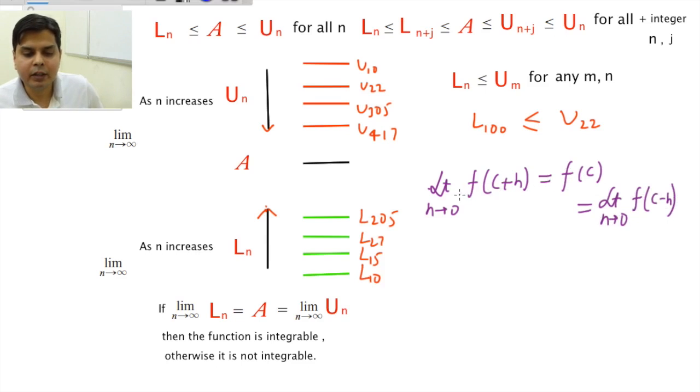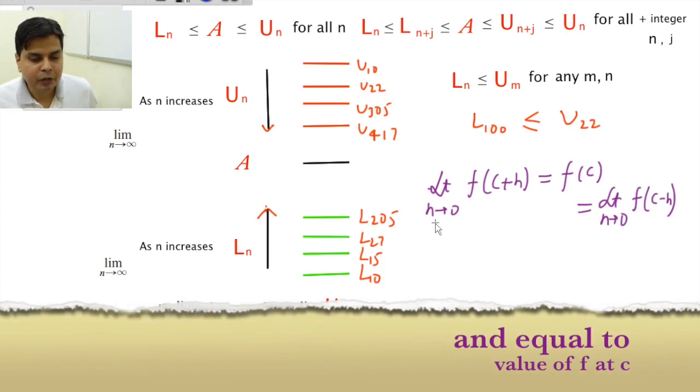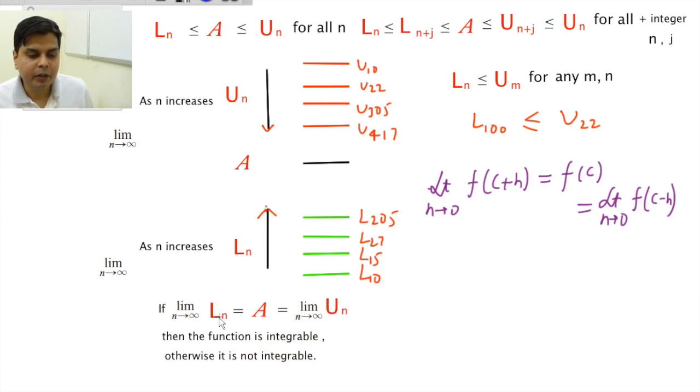So a function is continuous if the left hand limit is equal to the right hand limit. Similarly, a function is integrable if the lower sums, the Ln's, tend to a, the exact answer, and the upper sums, the Un's, also tend to a. Ln is converging from below, Un is converging from above, and ultimately both will meet at a, and the function is said to be integrable.